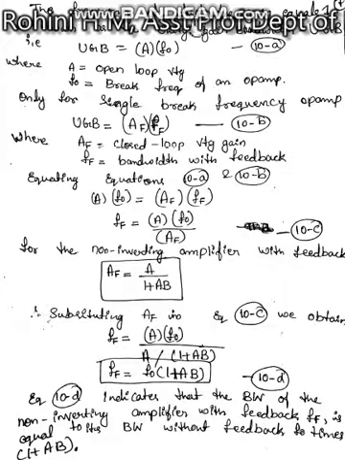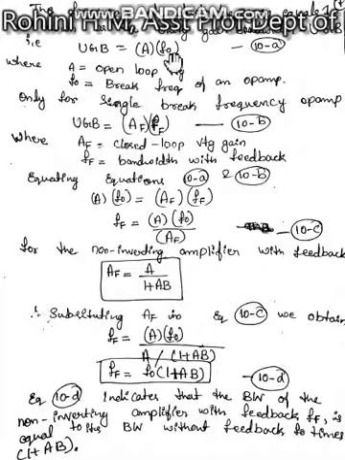The frequency at which the gain equals 1 is known as unity gain bandwidth, UGB, which is given as A into F naught, where A is the open loop voltage gain and F naught is the break frequency of the op-amp.